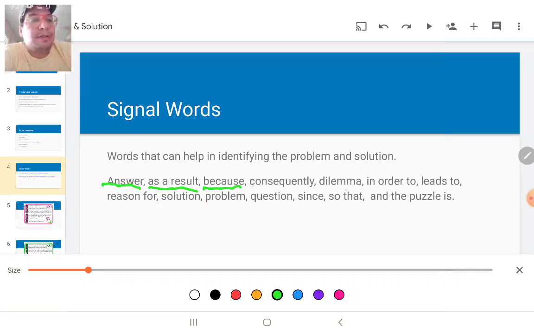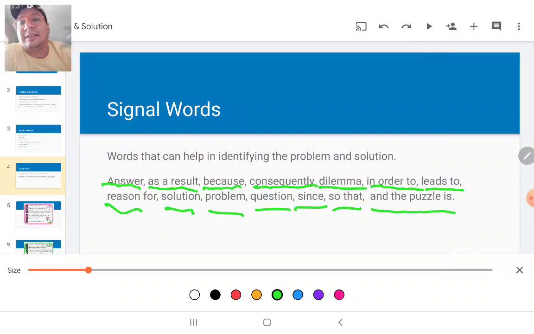We also have the word consequently. We have dilemma, in order to, leads to, reason for, solution, problem, question, since, so that, and the puzzle is this.